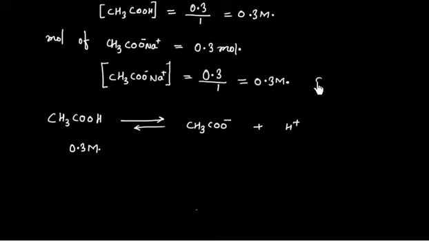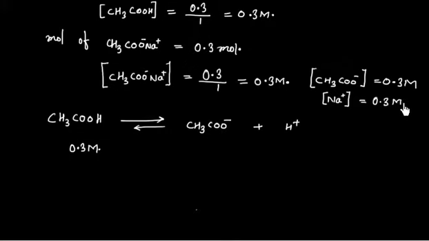So the concentration of CH3COO minus is 0.3 M, and the concentration of Na plus is also 0.3 M. This is because it is a strong electrolyte, it will dissociate 100%.